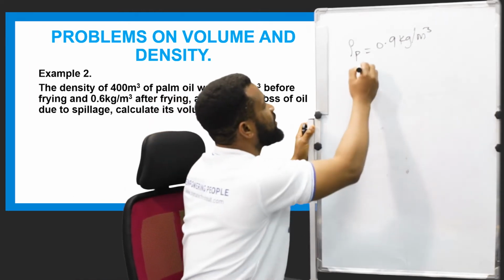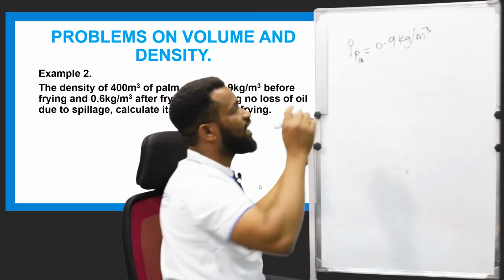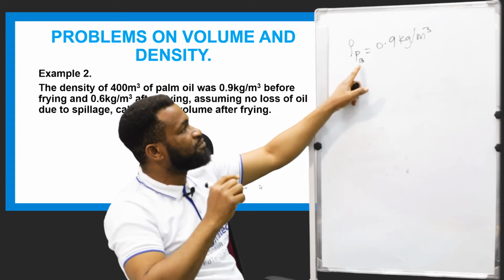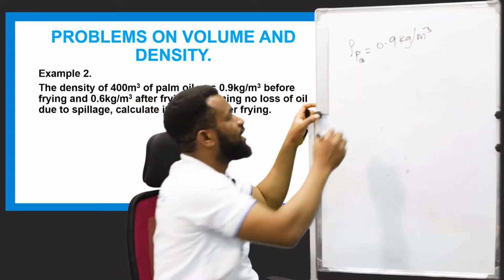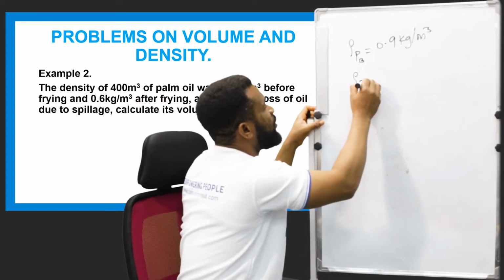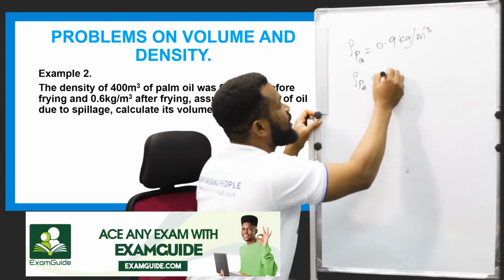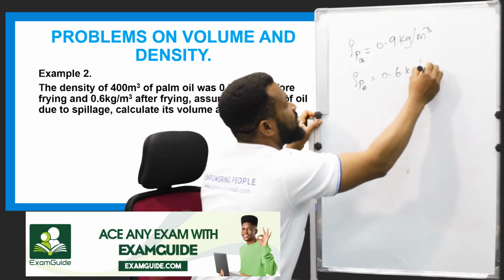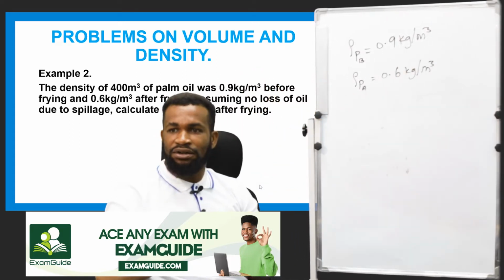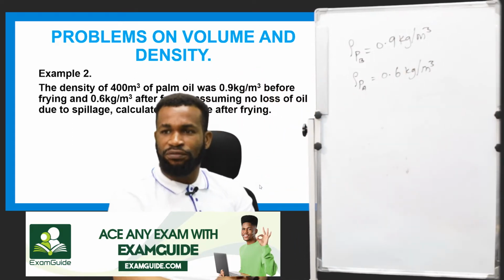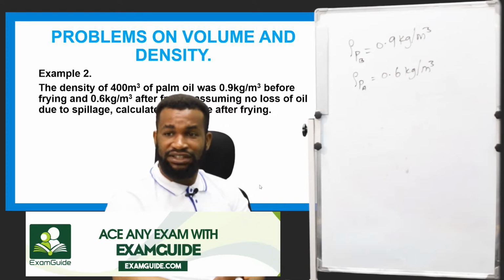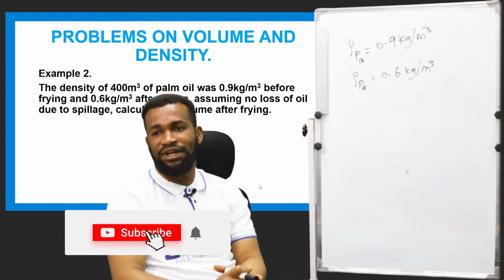I'll use B as before. Then density of palm oil after frying is given as 0.6 kilogram per meter cube. Now, assuming no loss of oil due to spillage, calculate its volume after frying.